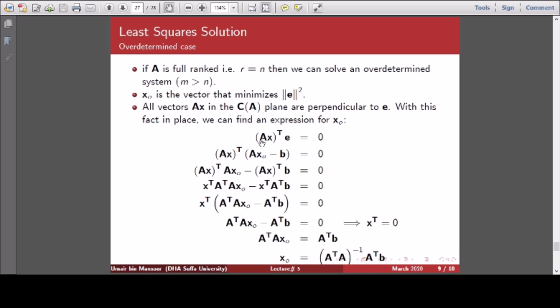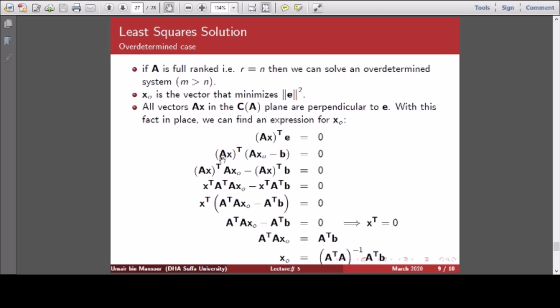Since E is perpendicular to the column space, any vector within the column space would be perpendicular to E. Now let's open this E. E is actually AX naught minus B. So E is made of X naught, otherwise they won't be perpendicular. Okay, so we are selecting E that is made from X naught.